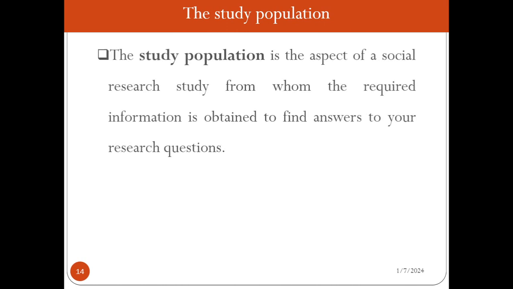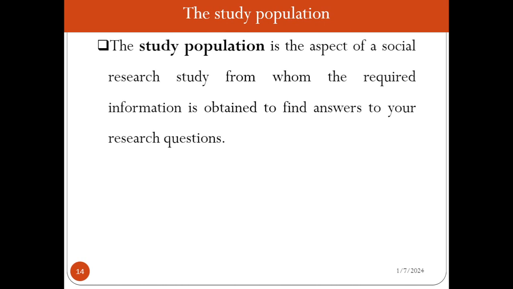Now, another thing that we have, which is very common and a very important part of a research investigation, is the study population. The study population is the aspect of a social research study from whom we require information, or from whom the required information is obtained to find answers to your research question.